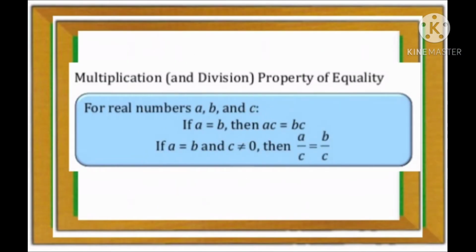For the multiplication and division property of equality, for real numbers a, b, and c, if a equals b, then ac equals bc. If a equals b and c is not equal to 0, then a over c equals b over c.